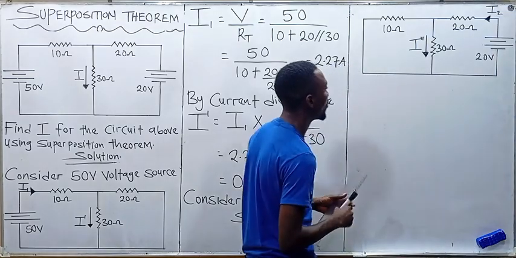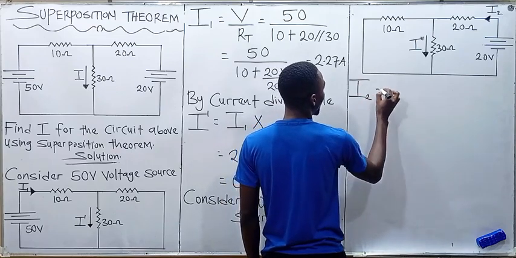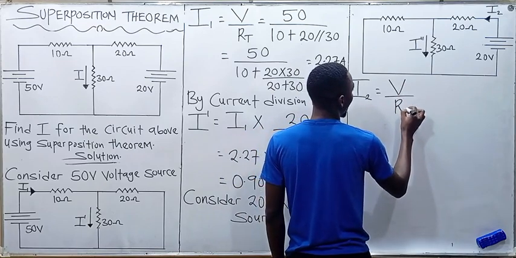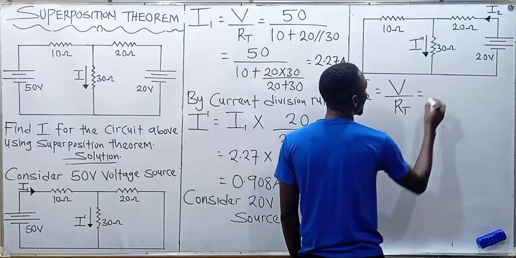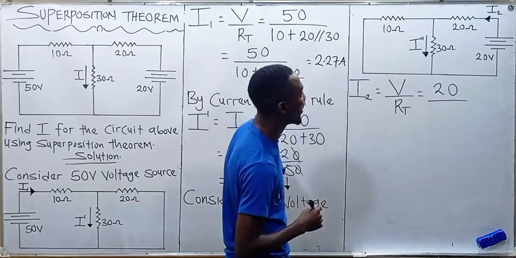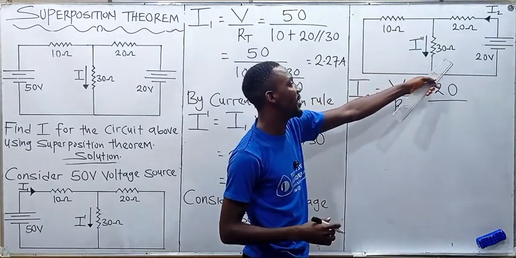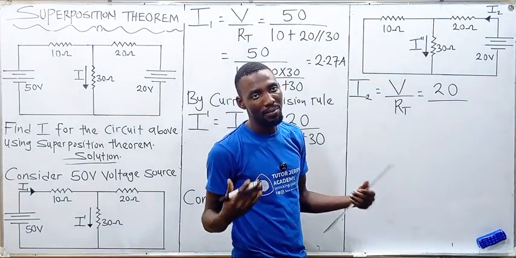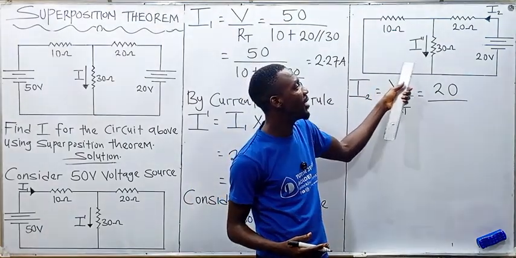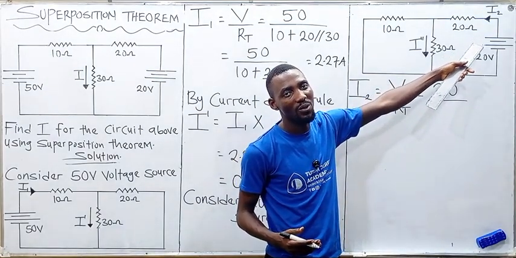All right, so by Ohm's law, I2 will be equals to voltage all over the total resistance. So the voltage here is 20 and our resistance. So if you look at this carefully, you are going to observe that this 10 and this 30, they are in parallel, right? And the parallel combination will be in series with what we have here, right?